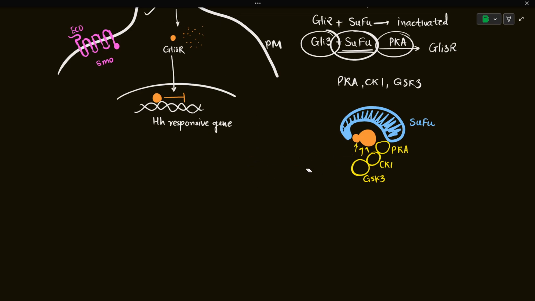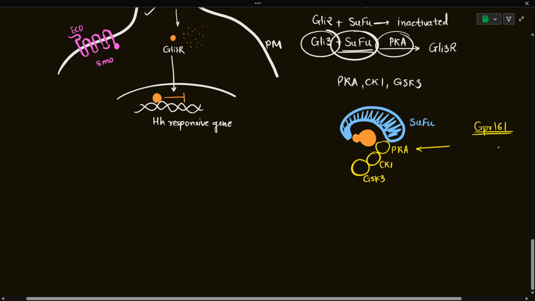But did you have this question of how PKA is going to get activated? It gets activated due to another protein, a G protein known as GPR161, which is present on the plasma membrane. This is actually a stimulatory G protein, so it is going to stimulate adenylyl cyclase, which increases the cAMP levels inside the cell. I hope you have followed this.